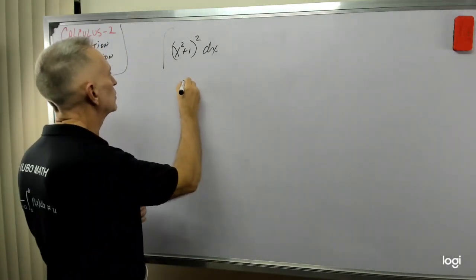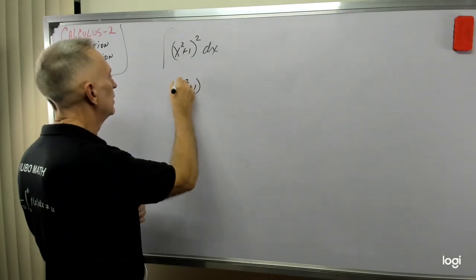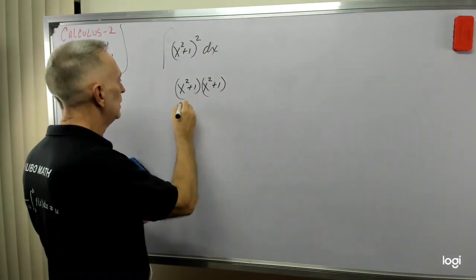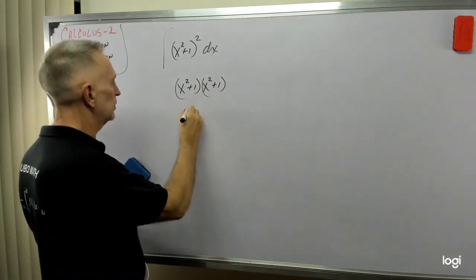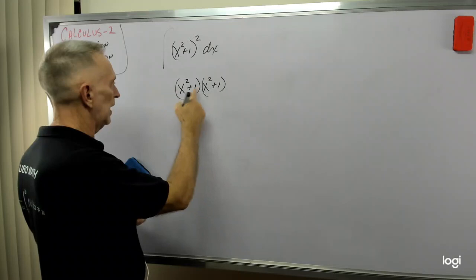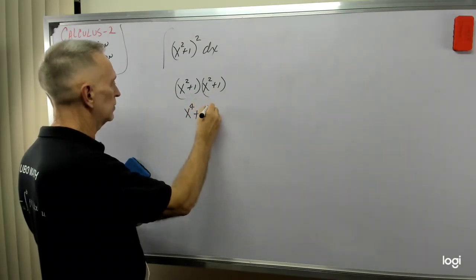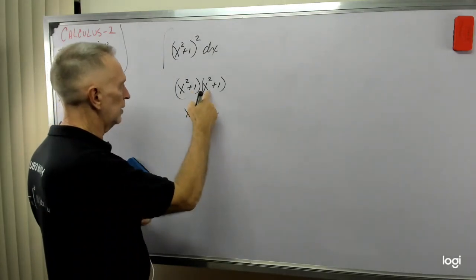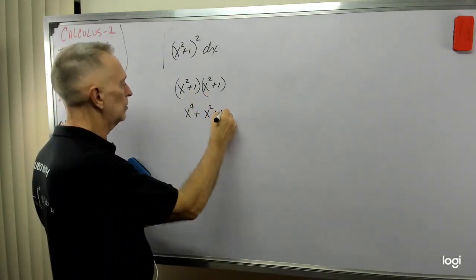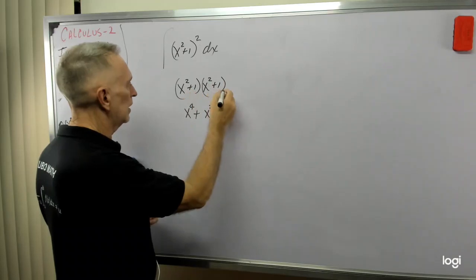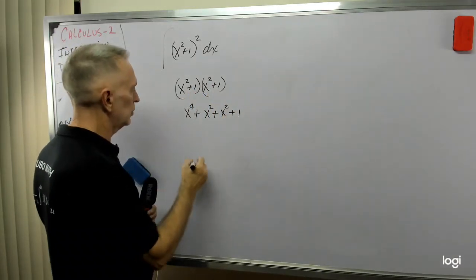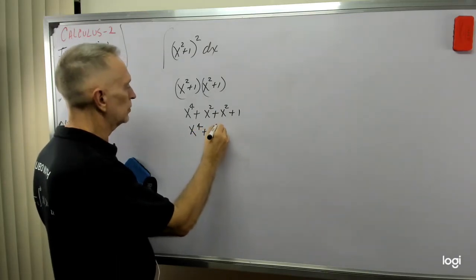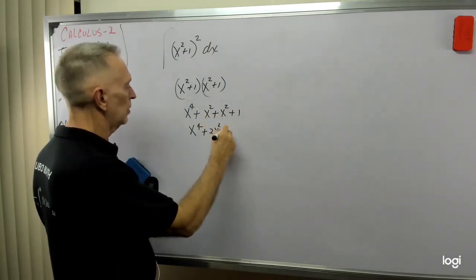So x squared plus 1 times x squared plus 1 equals first times first, x to the 4th, plus outer times outer, 1 times x squared is x squared, plus the inner, which is 1 times x squared, which is x squared, and then last, plus 1 times 1, which is 1. So x to the fourth plus 2x to the second power plus 1.